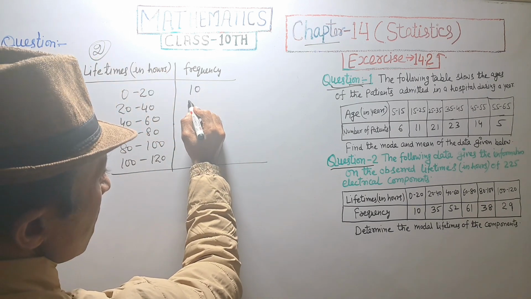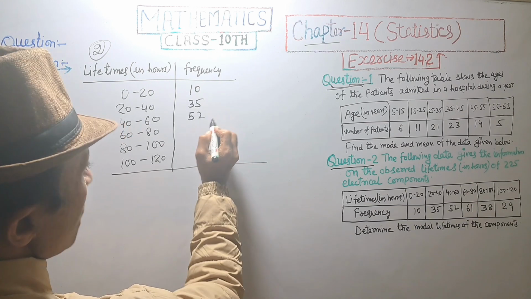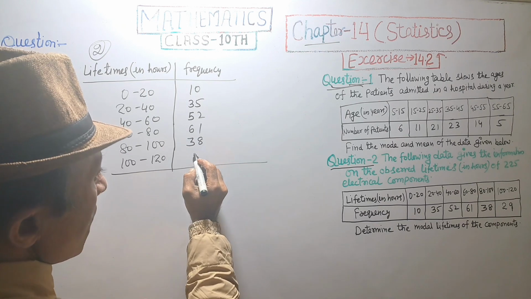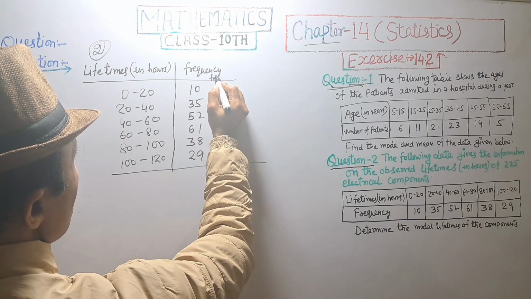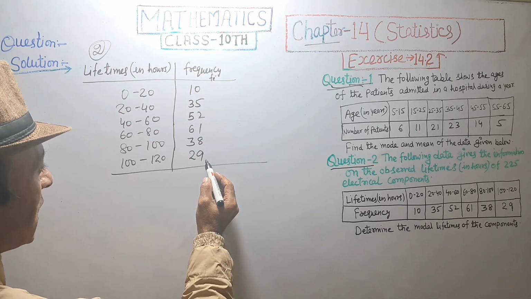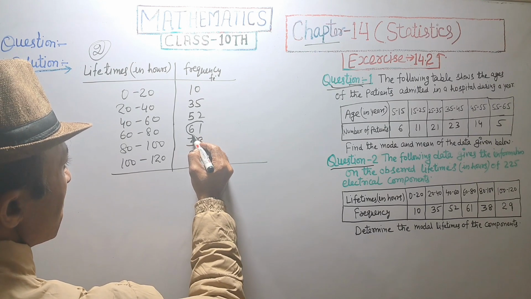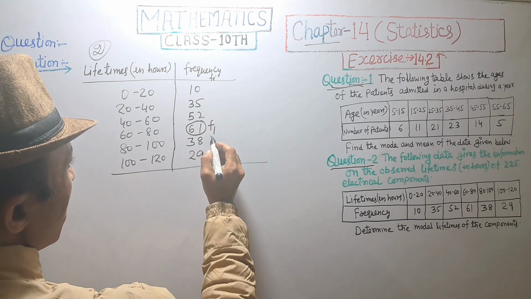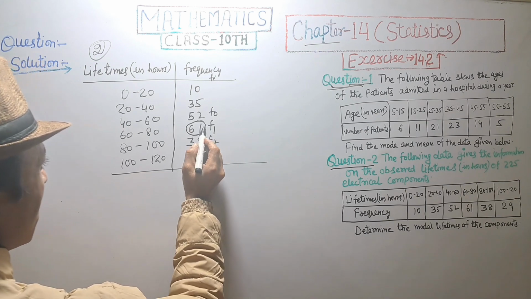The frequencies are 10, 35, 52, 61, 38, 29. In the frequency, the largest number is 61, that is f1, and f0 is 52, f2 is 38.